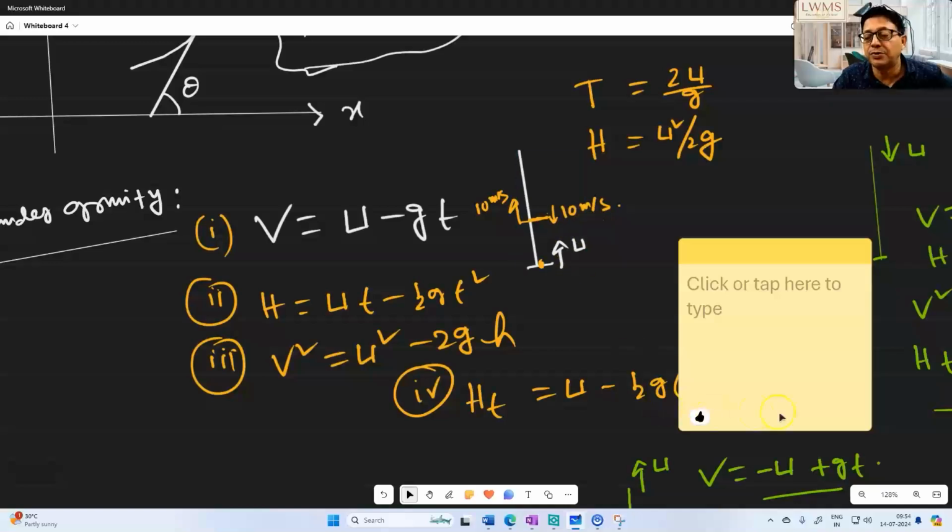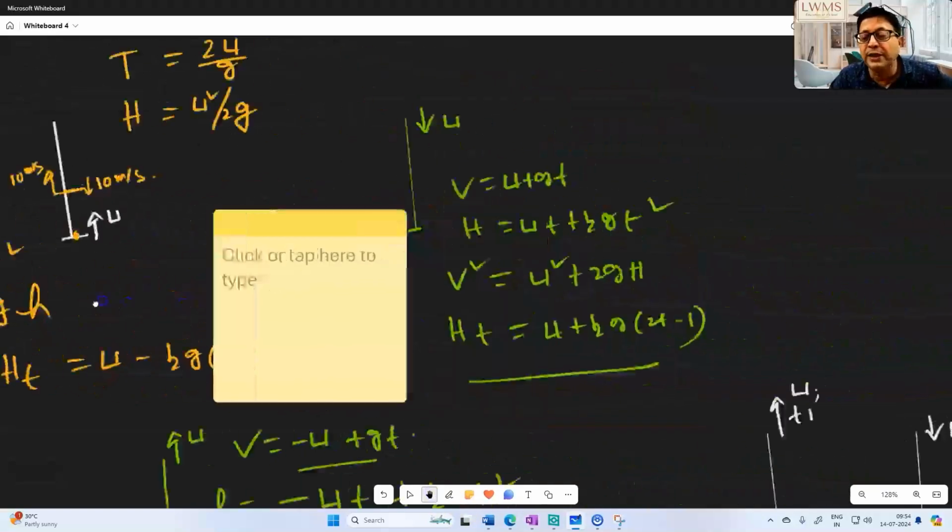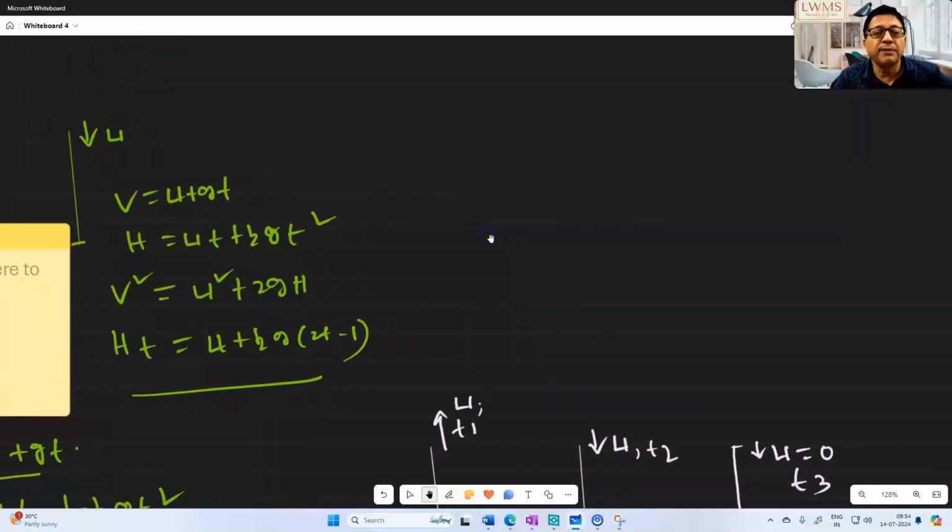Another thing I would like to say, when the particle is allowed to fall freely, this I have discussed in previous sessions, the distances traveled in successive seconds. This is h1 in 1 second. This is h2. And next one h3. Successive seconds it is traveling. This one first, then this portion, then this portion.